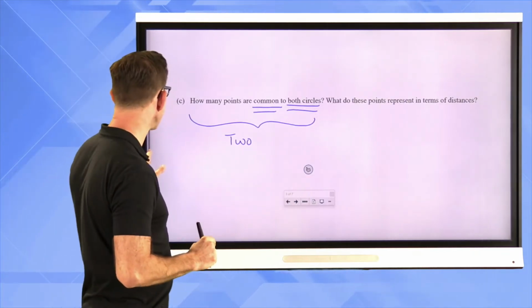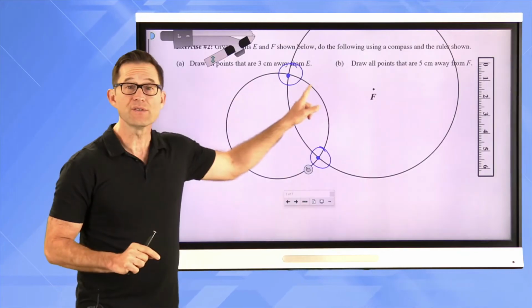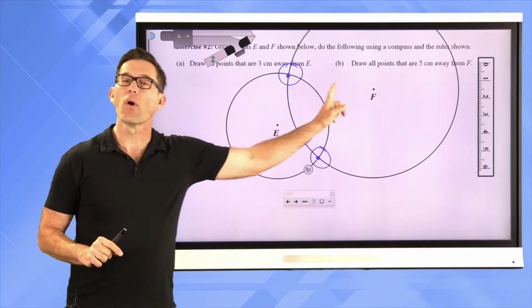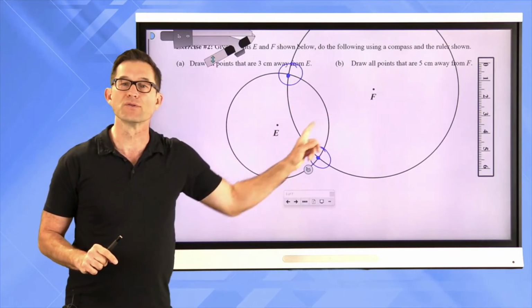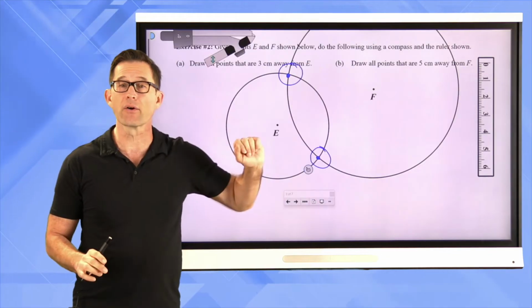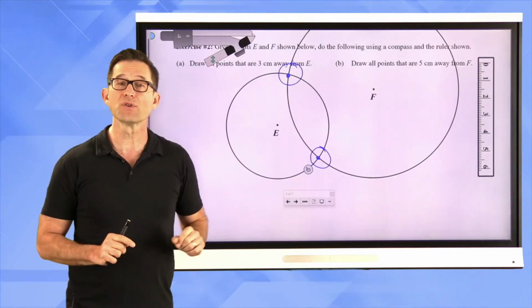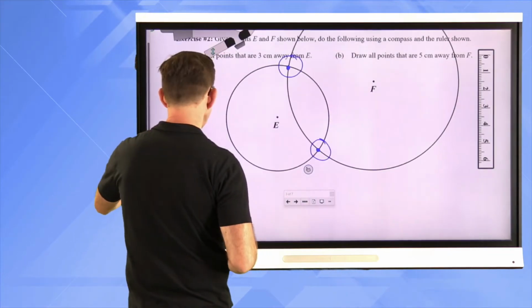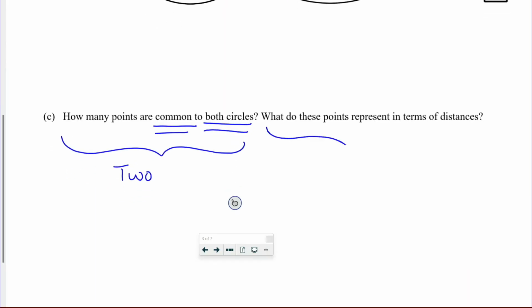And this is very important, right? These 2 points are 3 centimeters away from E. And they're also 5 centimeters away from F. So they are the only 2 points in this diagram that are 3 centimeters away from E and 5 centimeters away from F, right?